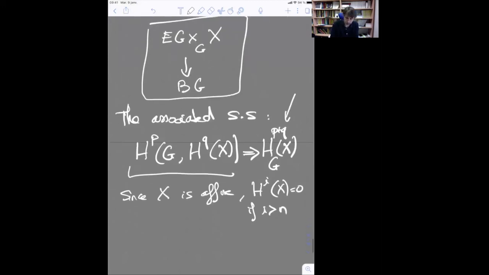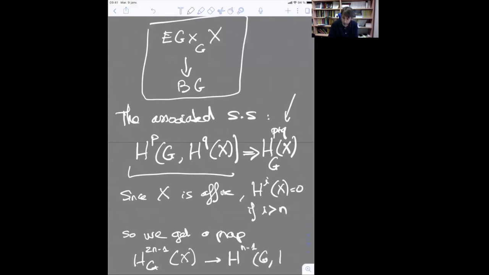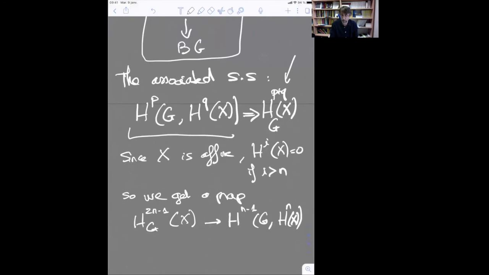So we get a map that goes from the equivariant cohomology, let's say in degree 2n minus 1 of X, to the cohomology of degree n minus 1 of G, with values in the first degree where there is cohomology in the fiber, namely Hn of X. Before that, there is no cohomology, so you get nothing. So there is a map here.